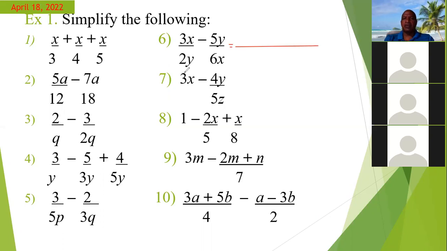All right, so what do you do to this? So we say 6xy for the LCM. What do you do to this 2y to get 6xy? You times it by 3, sir.